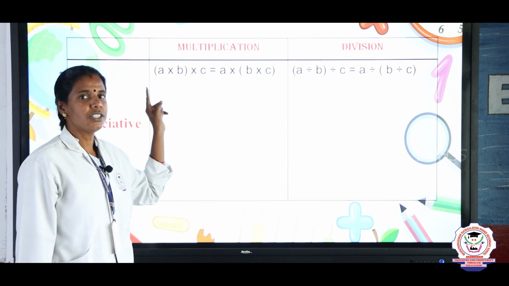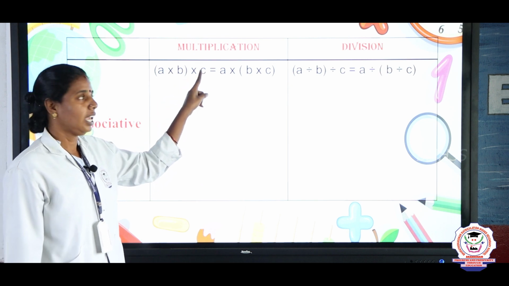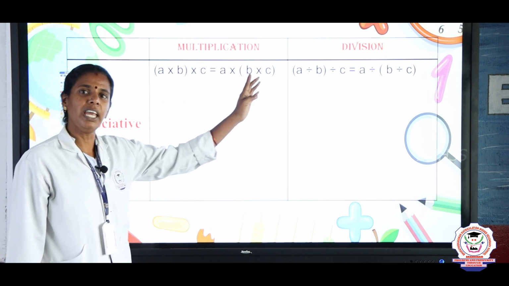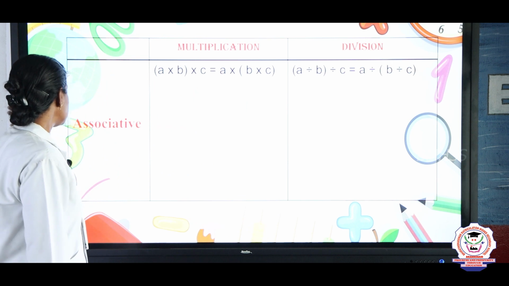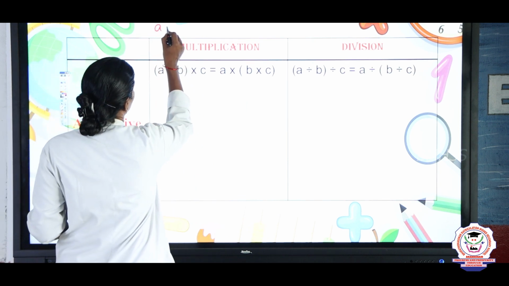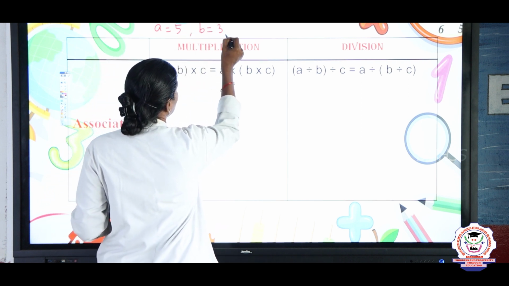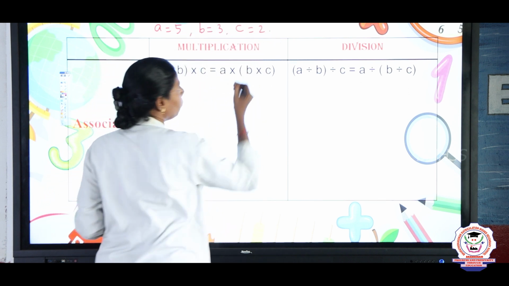See, in multiplication the condition is (a × b) × c = a × (b × c). First we will consider some values for a, b and c: a equal to 5, b equal to 3 and c equal to 2.